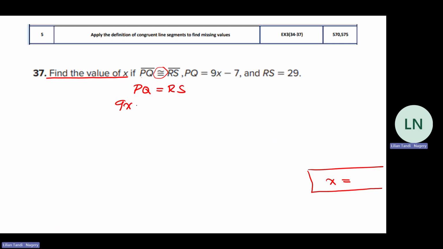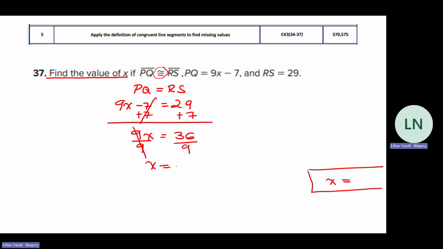PQ is 9x minus 7, and RS is who? 29. I want x plus 7 plus 7. Those are friends because they are both numbers. 9x equals 36. Okay, divide by 9, divide by 9. X is 4. Now, I box my answer.